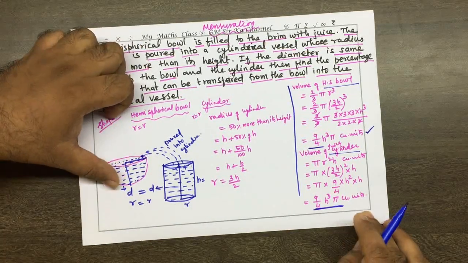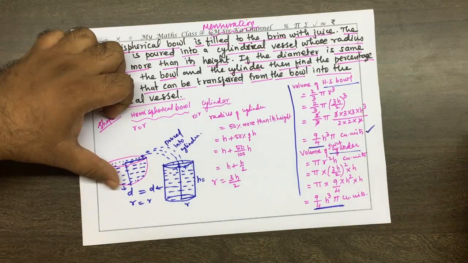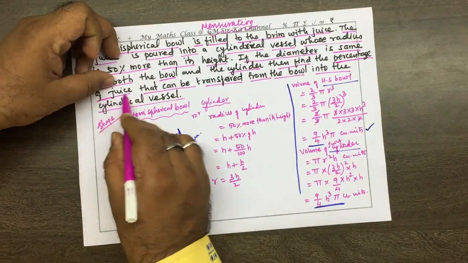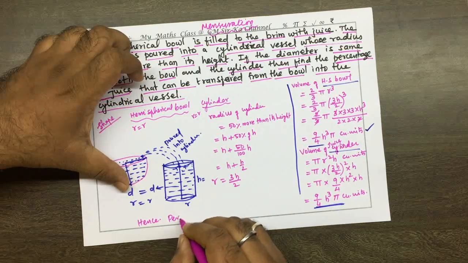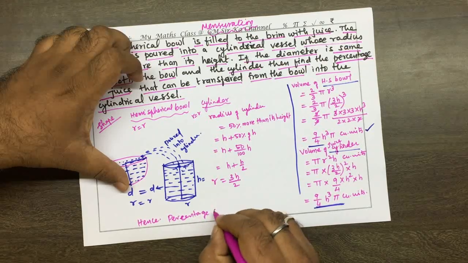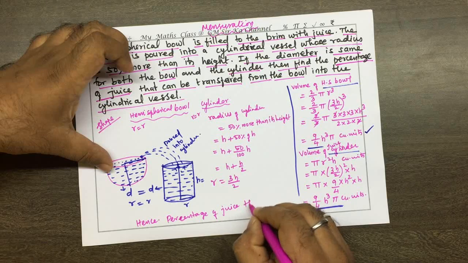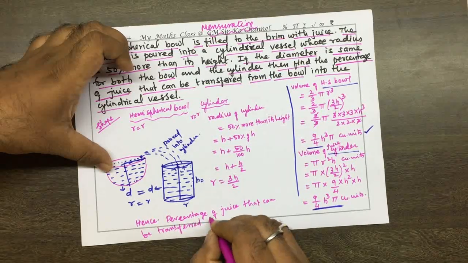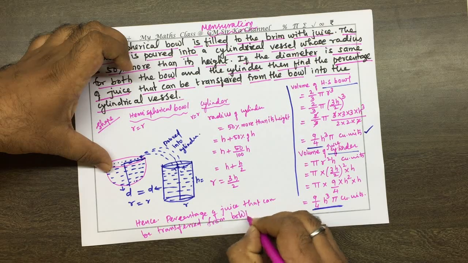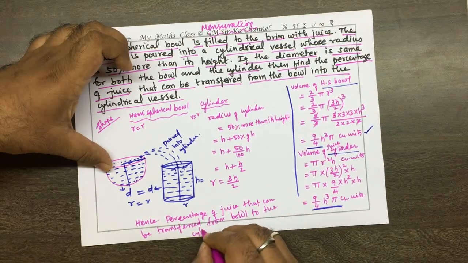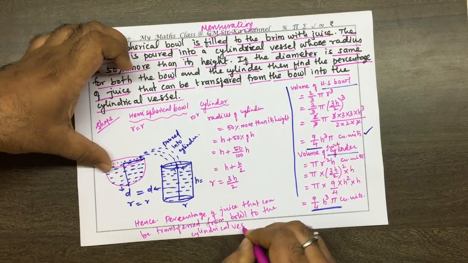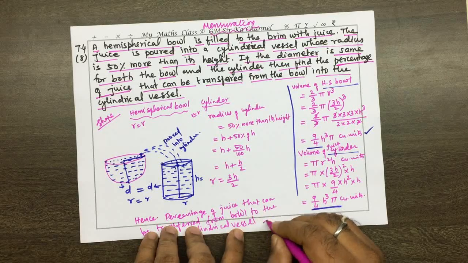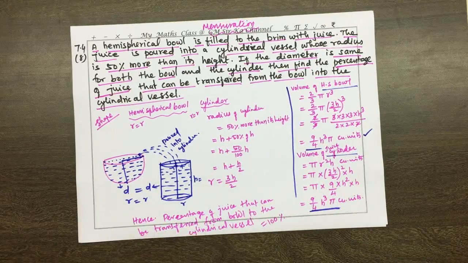Therefore both the volumes are equal, hence the percentage of juice that can be transferred from the bowl to the cylindrical vessel: because both the volumes are equal, the complete juice is poured into the cylinder, therefore 100% is poured into the cylindrical vessel.